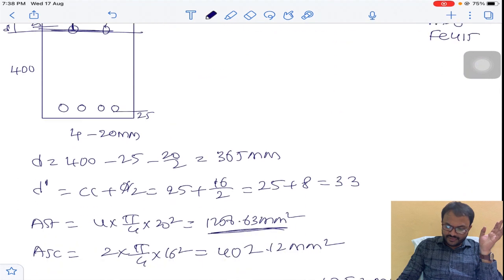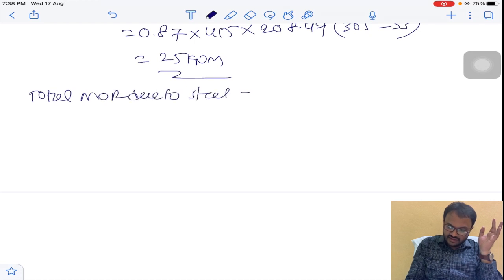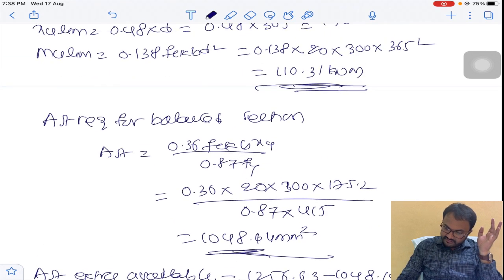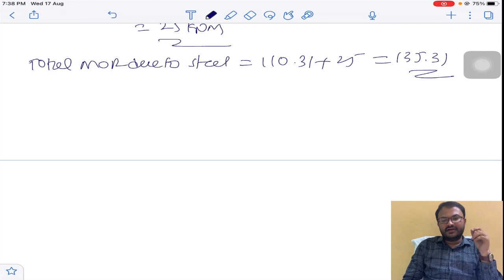Okay, now total moment of resistance due to steel. Earlier it was limiting moment of resistance is 110 and plus 25, that is 110.31 plus 25, that is 135.31. Clear? So this is the total moment taken by steel only in the limiting section as well as in the extra reinforcement.